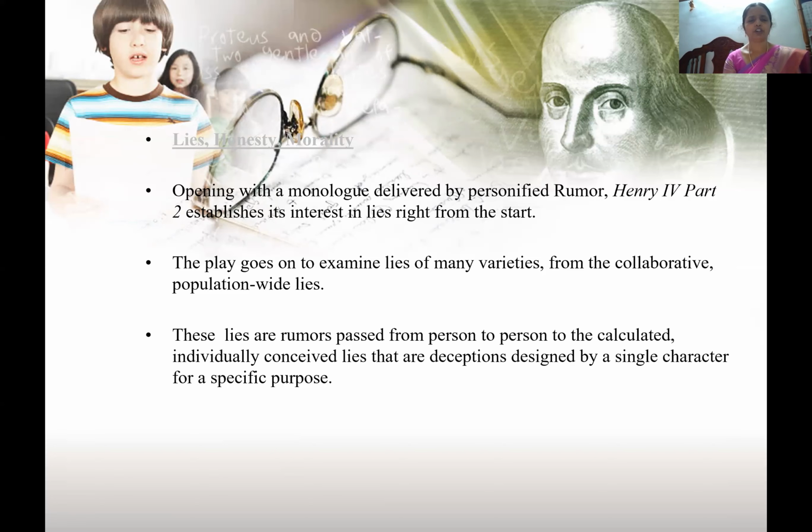The play goes on to examine lies of many varieties, from the collaborative and population-wide lies, which are rumors passed from person to person, to the calculated, individually conceived lies that are deceptions designed by a single character for a specific purpose.